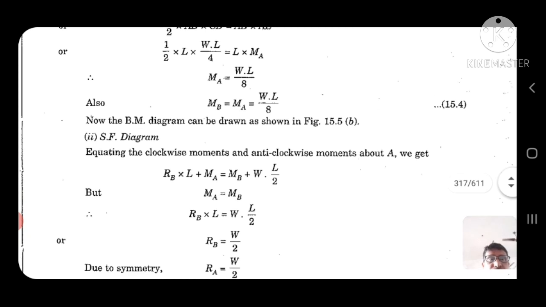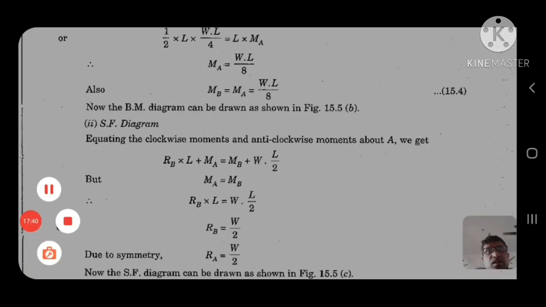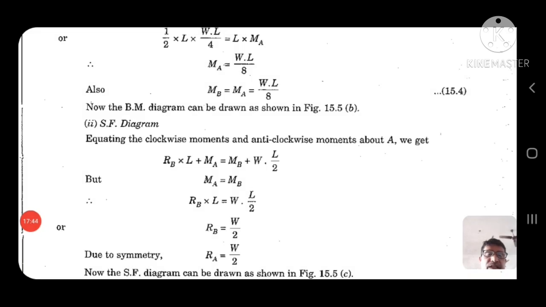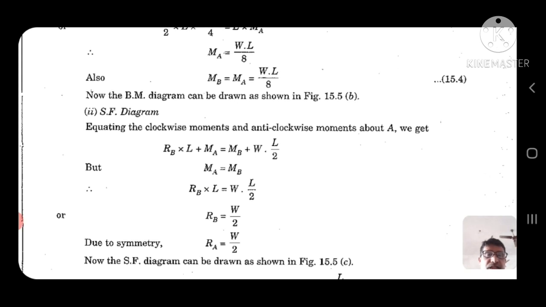Shear force diagram. Equating the clockwise moment and anti-clockwise moment, RB into L plus MA equals MB plus W into L by 2. MA equals MB, so RB into L equals W into L by 2.